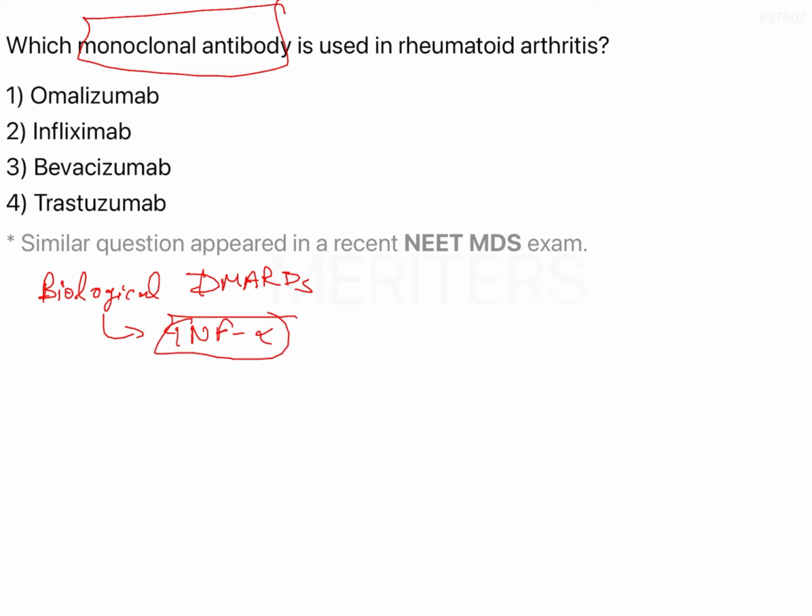And these TNF alpha play a major role in the joint destruction in patients with rheumatoid arthritis. So yes, there will be TNF alpha. The more TNF alpha there is, the more destruction of the joint there will be in rheumatoid arthritis people, right?